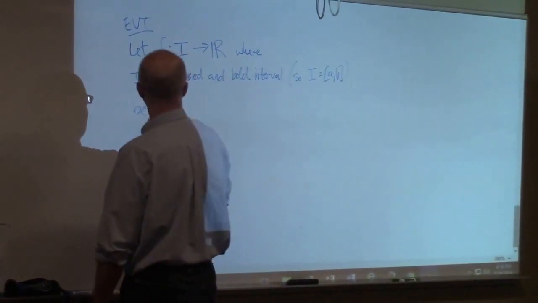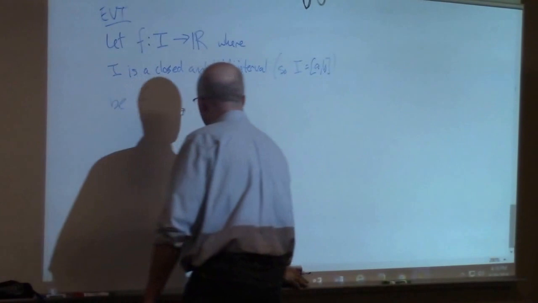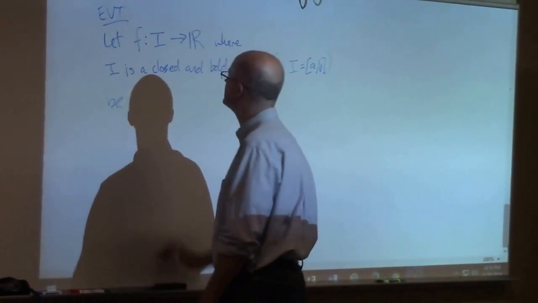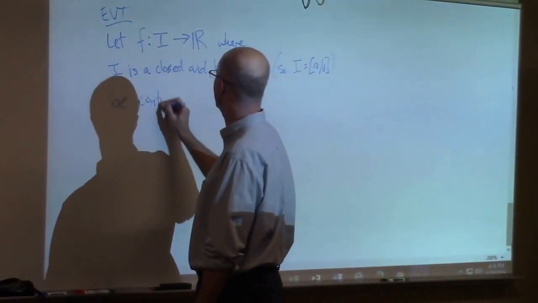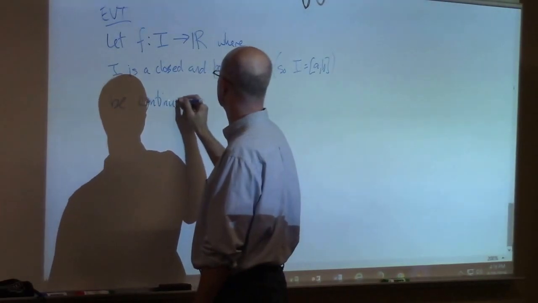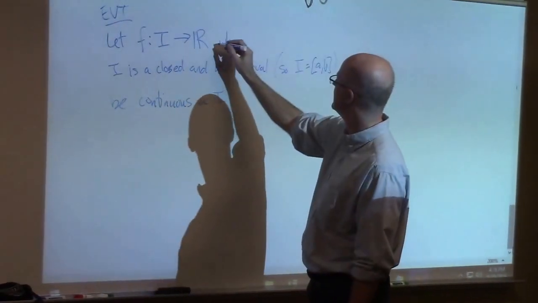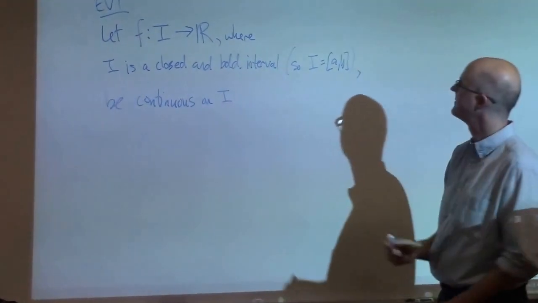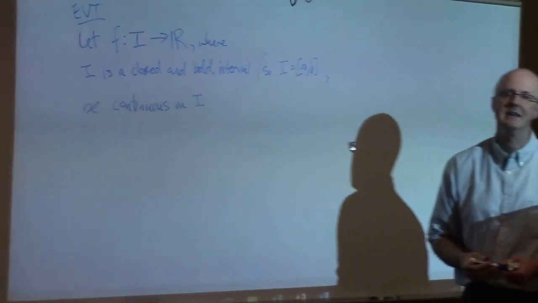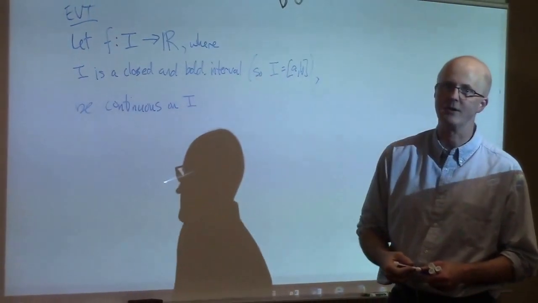And we're assuming that f is continuous on I. Perhaps it's good to put commas in here. I'm assuming f is continuous on this closed and bounded interval.